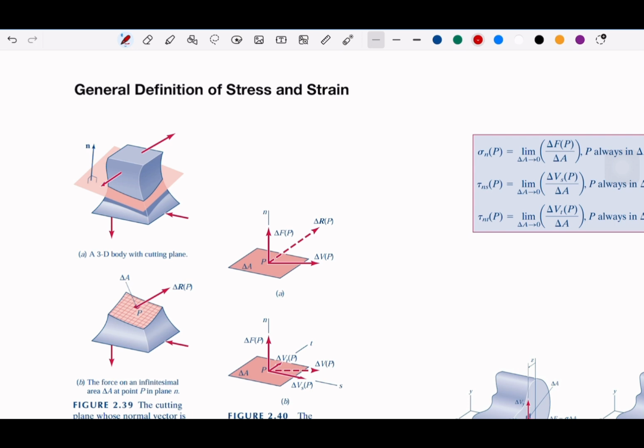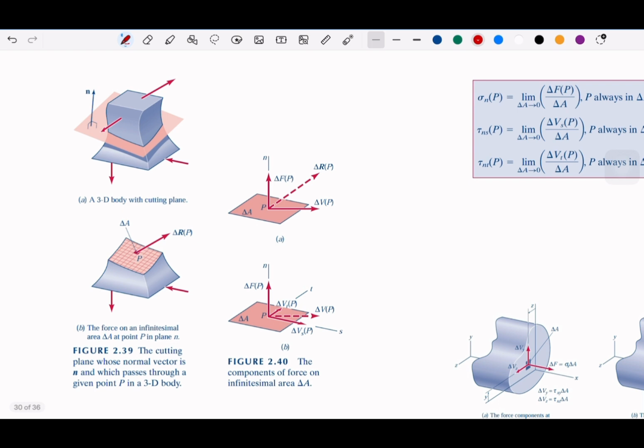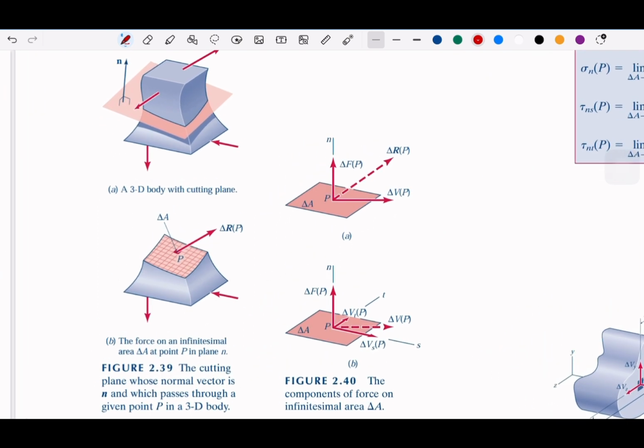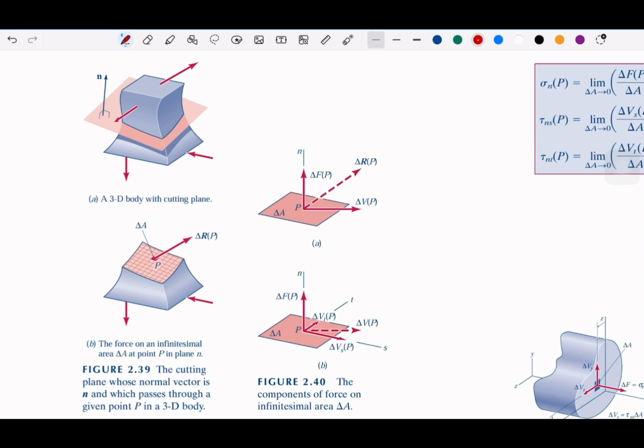So let's imagine we want to define the normal stress and shear stress at some point, let's say the point P. We have a random three-dimensional body, and we cut this part through a plane, and through that plane we define a small rectangle, which we define as delta A, and we have a point P.